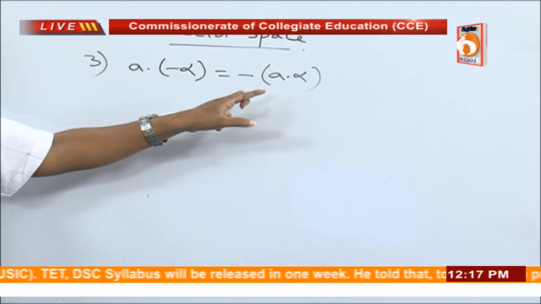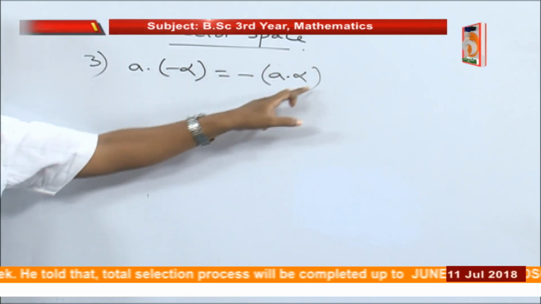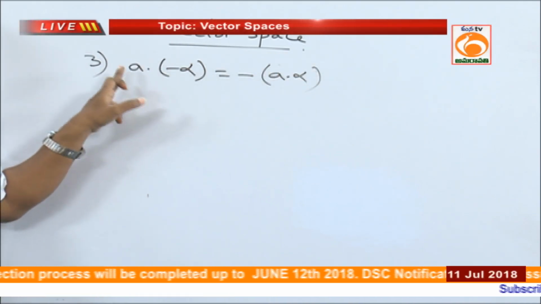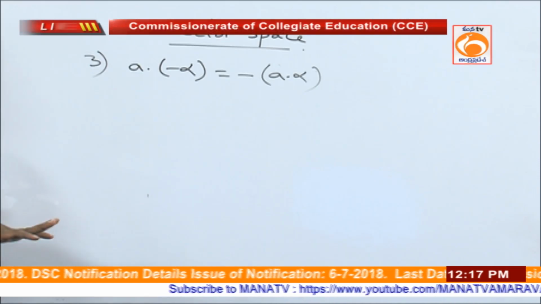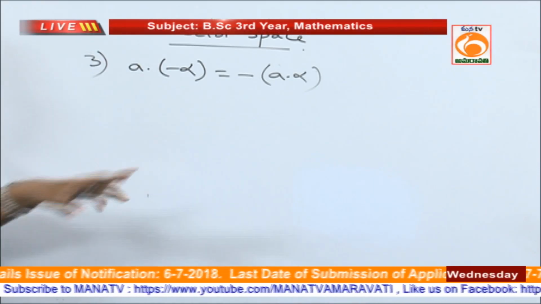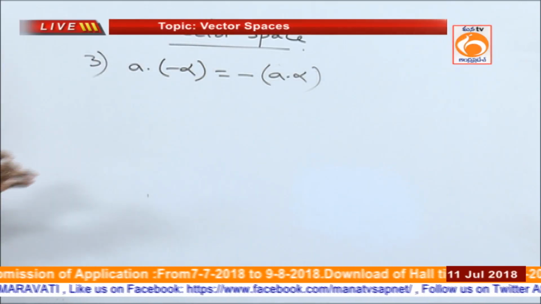So, I have to show that the additive inverse of A dot alpha is nothing but A dot minus alpha. It is enough if you verify the additive inverse property for A dot alpha. Is it clear? I am going to do that only.